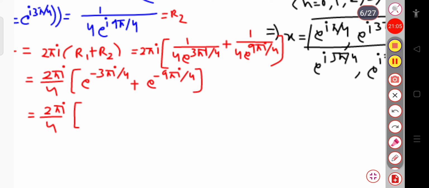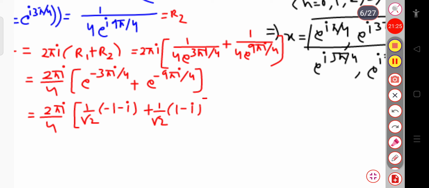Exponential minus i theta is equal to cos theta minus i sin theta. So for that, this will be 1 by root 2 into minus 1 minus i, after substituting the value, plus for this exponential minus 9 pi i by 4 you will write 1 by root 2 into 1 minus i.